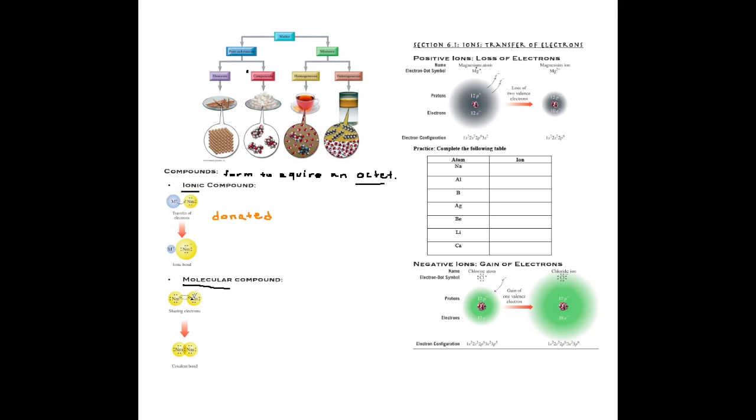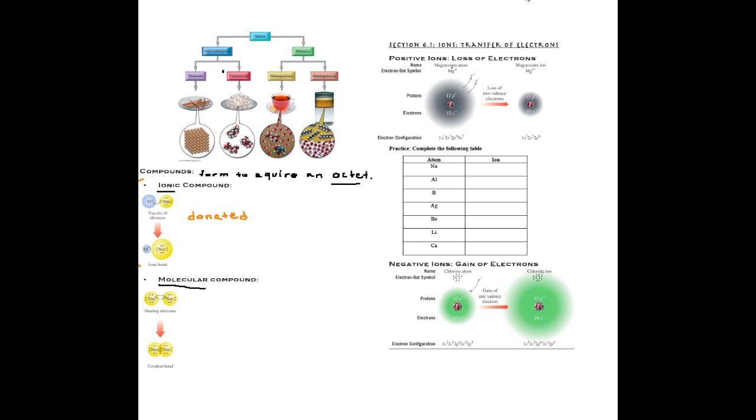Because you're sharing electrons and one element is not giving an electron away, molecular compounds actually occur between two nonmetals. Okay? But for the purpose of this video, and for quite a bit of a couple more classes, we're just going to concern ourselves with ionic compounds, not with molecular compounds. All right? So what I'm about to go over should be nice review for you.